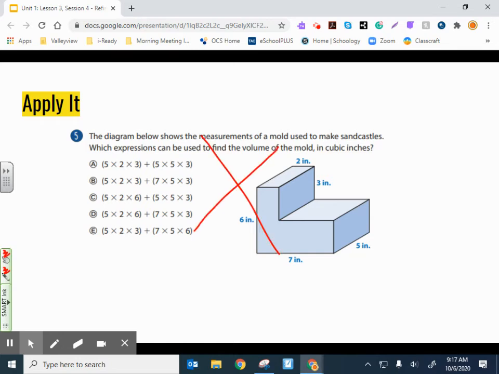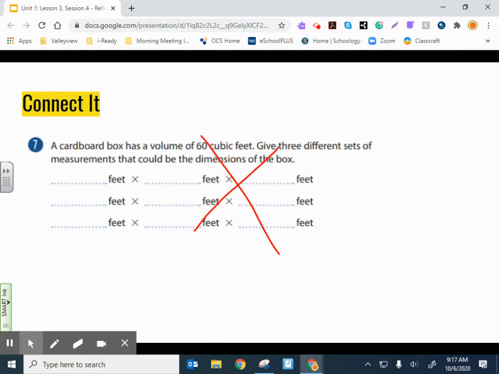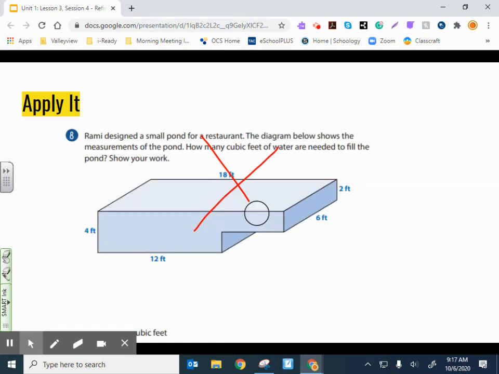I don't like this one because it's one of those multiple choice ones with 2 answers, and it tries to trick you with the fact that these are identical rectangular prisms. So skip that one, turn the page. This question is mind-blowing, so let's stop that one. But let's continue with number 8. We will do number 8 together.